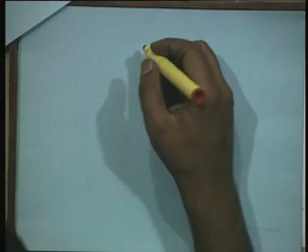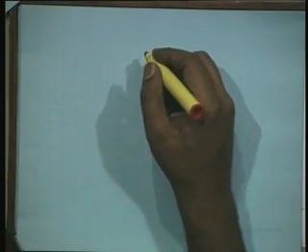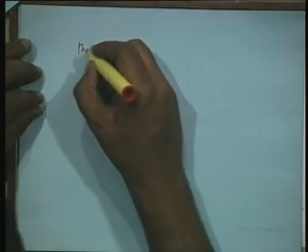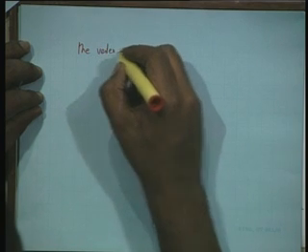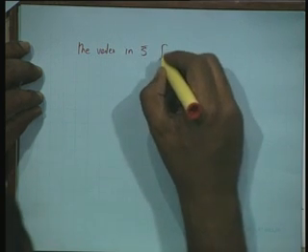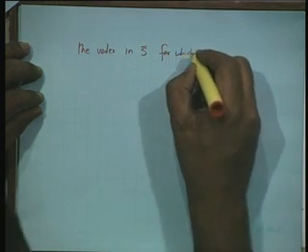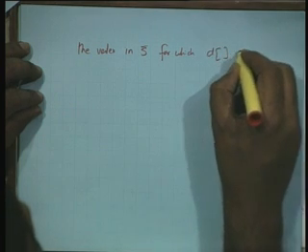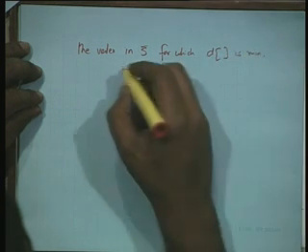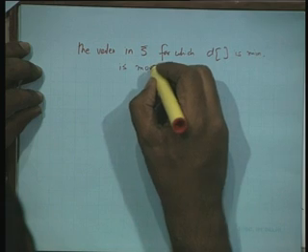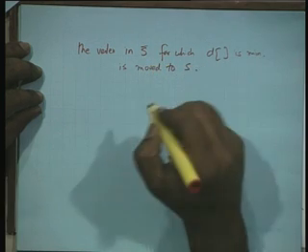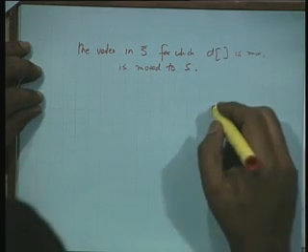So, I find the vertex in S complement for which d is minimum, and it is moved to S. ठीक है?